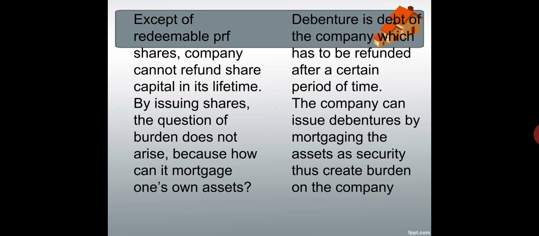In preference shares, investors who are risk averse are going to prefer an investment in preference shares because preference shares give a regular dividend to their shareholders. So, such investors prefer investment in preference shares.